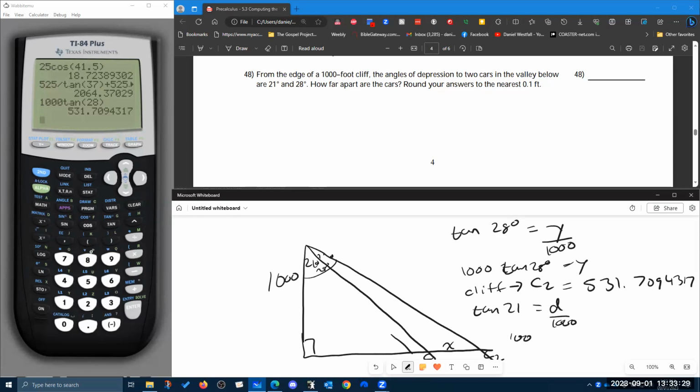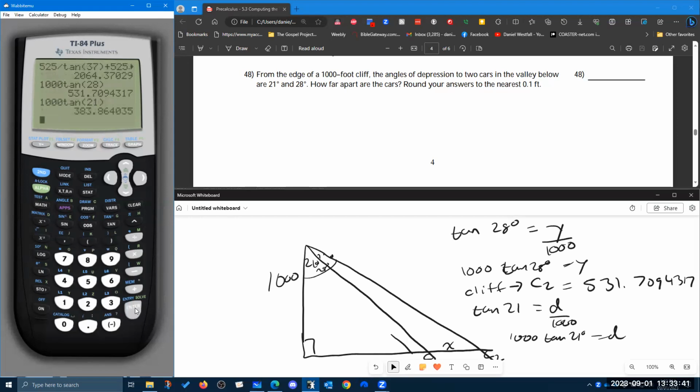So 1,000 tan 21 is equal to, I'm going to call it D. And D is equal to 383.864035.